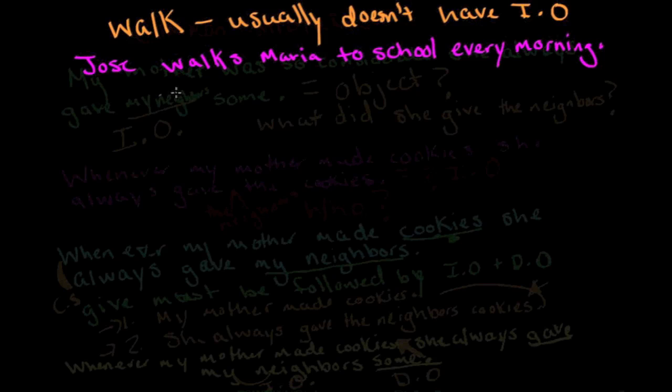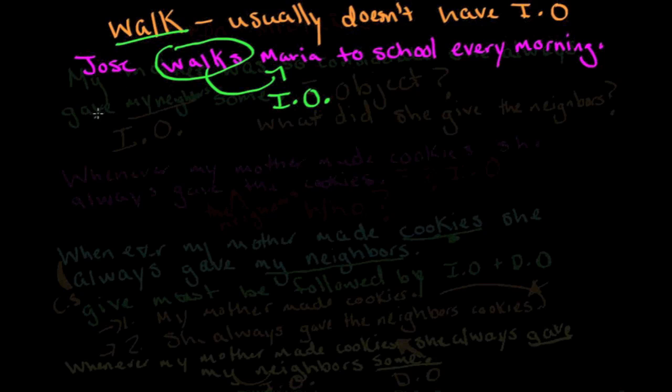My student couldn't understand this because usually walk doesn't have an indirect object, but in this case it does. Maria is your indirect object. She's receiving the benefit of the walk. This sentence doesn't have a direct object.